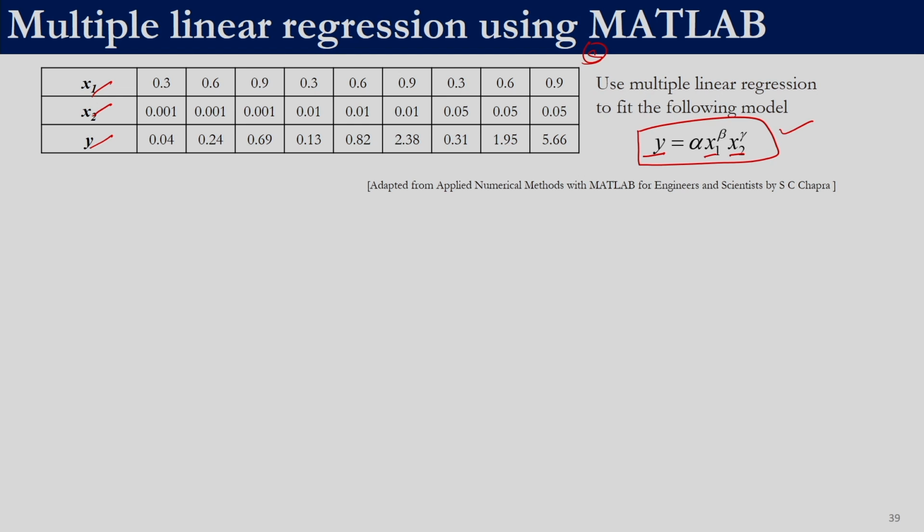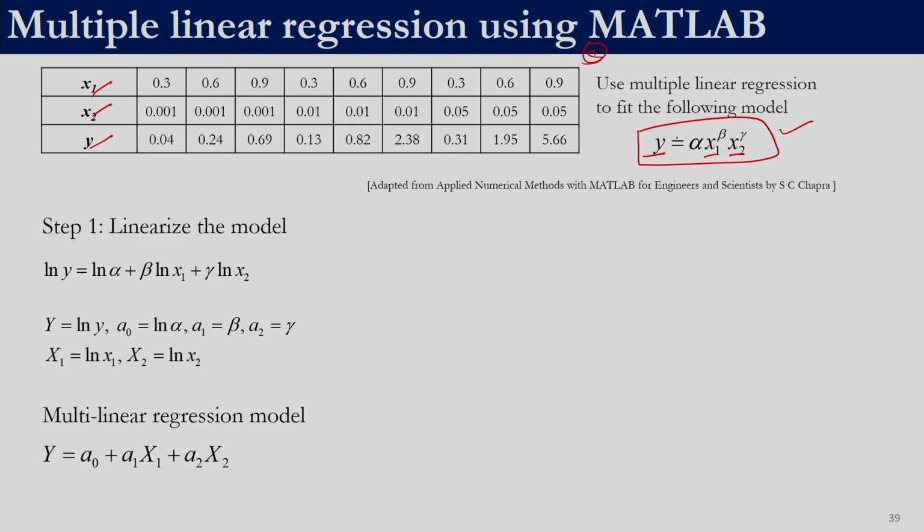So, what we will first do is we will linearize this model, right. To linearize this, we can take ln on both sides, right. So, this equation becomes ln y is equal to ln alpha plus beta ln x1 plus gamma ln x2, right. So, this is the linearized form, right. Since we know y, ln y can be calculated, right. So, ln y we will represent by this notation capital Y, right.